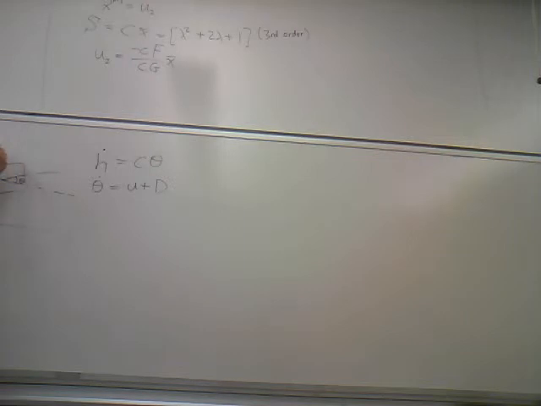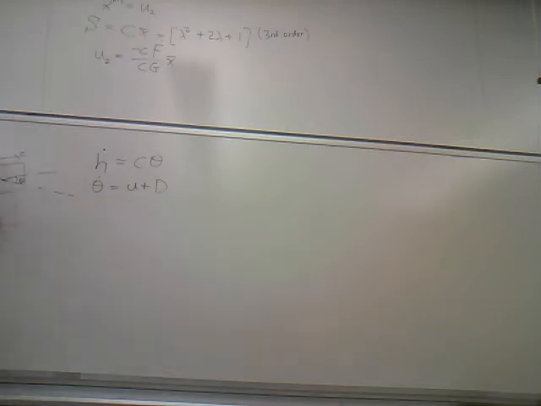This thing is going with some velocity c, and to simplify the plant, we're saying that the change in altitude is just our velocity times theta, assuming theta is small. And then our theta dot can be expressed as some input, this is our thrusters, plus some unknown disturbance, right?